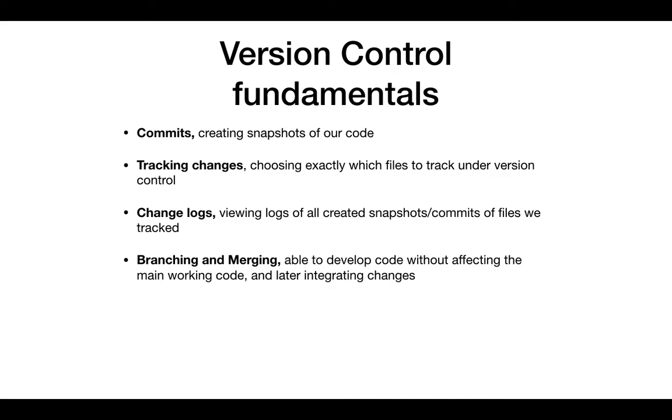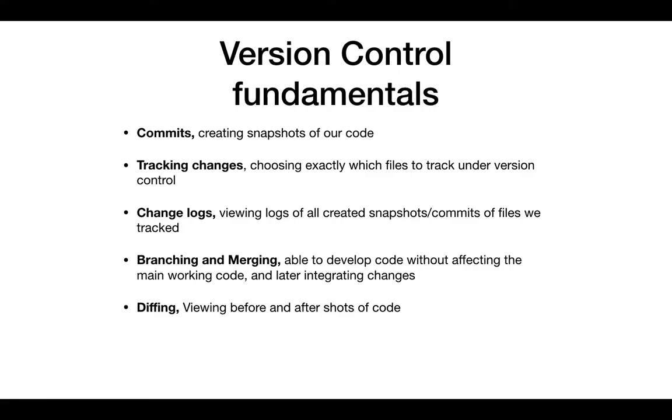Also, I want to be able to do what's called merging and branching. In other words, I want to be able to branch off of my main code and work in isolation, allowing me to work on experimental features. And then I want to be able to diff, or see a differential between a before and after version of my code.